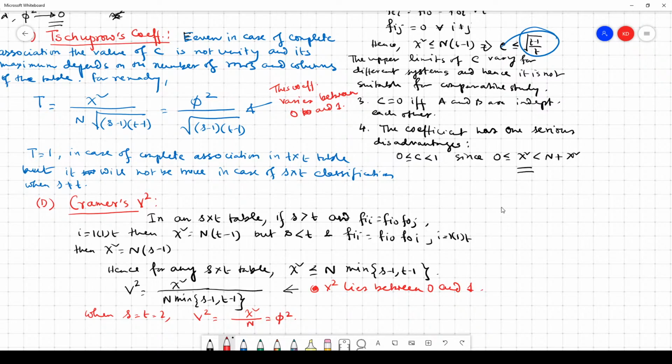Eventually, V square equal to T square when the table is square, otherwise V square exceeds T square.